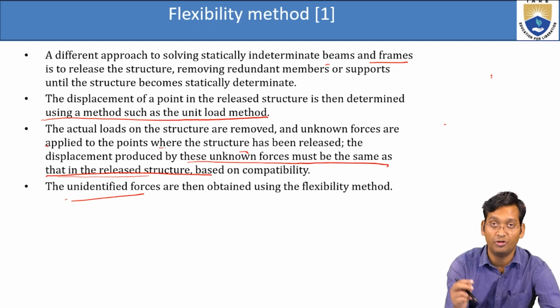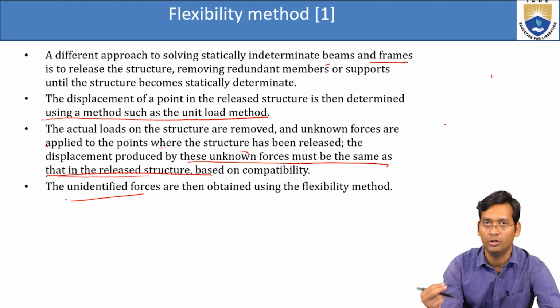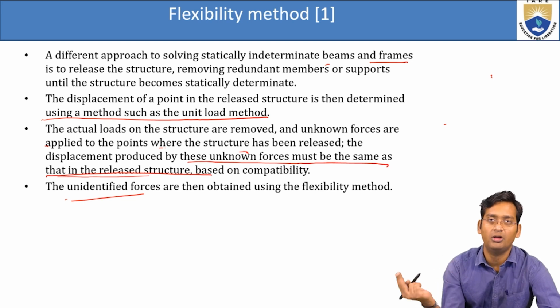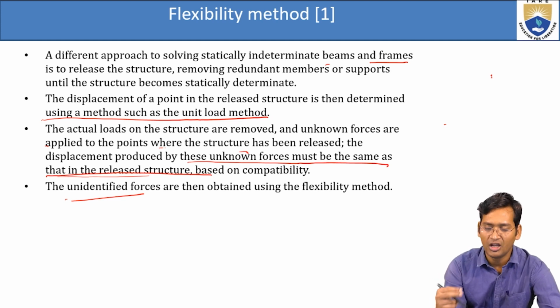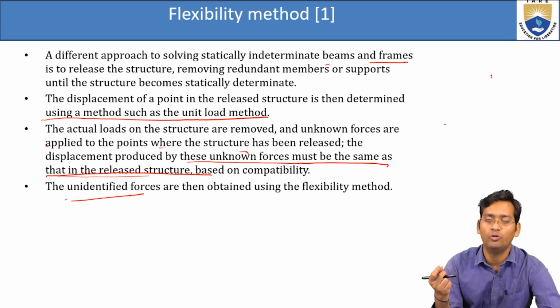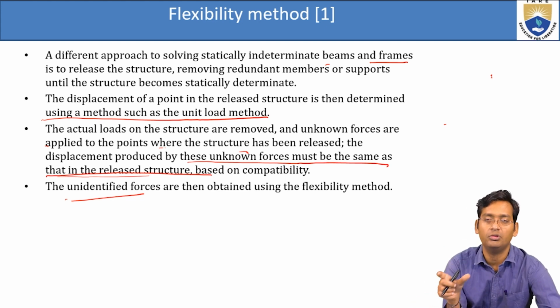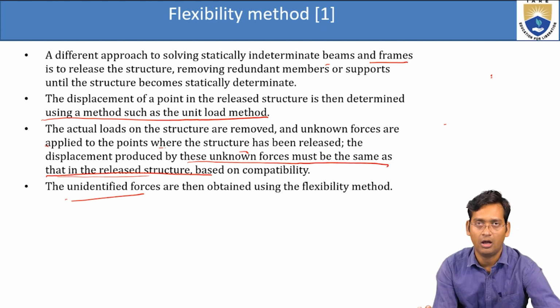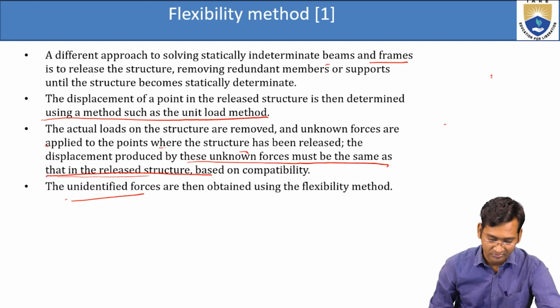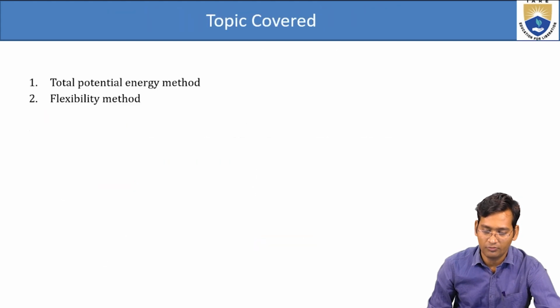First you know the total potential energy due to the actual load. Now remove that load, apply the unknown load, and equate both, because the displacement should be the same, so they must have the same strain energy. Apply that force, equate it, and then find the unknown forces. Okay, so let's quickly see this method once again.